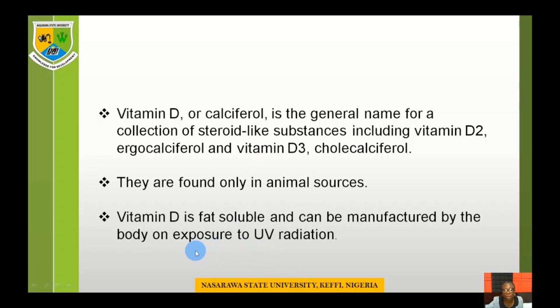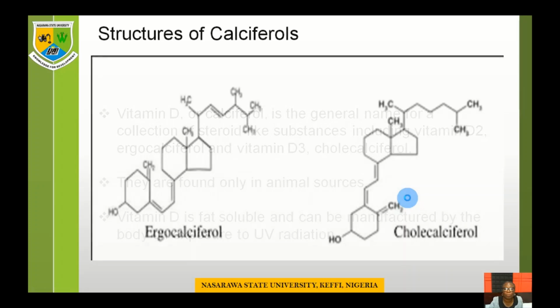That's why it's important that we get the early morning sun, before 12 noon, for vitamin D to be synthesized in our body. So exposure to sunlight will cause the synthesis of vitamin D. You can also get vitamin D from animal sources.